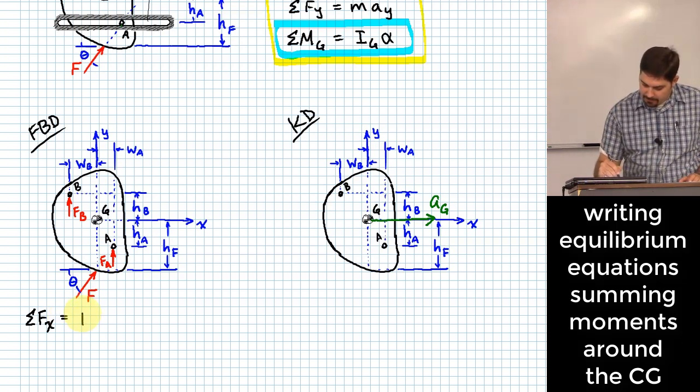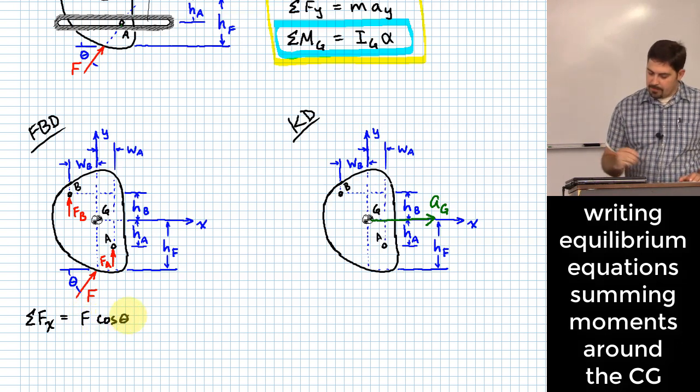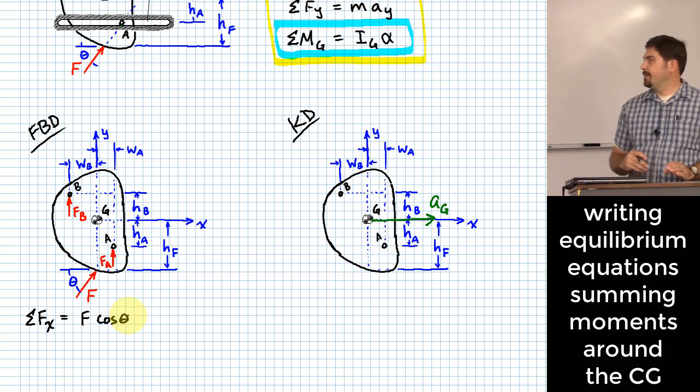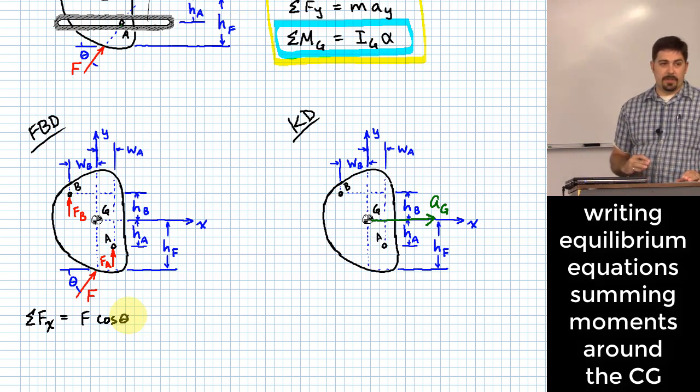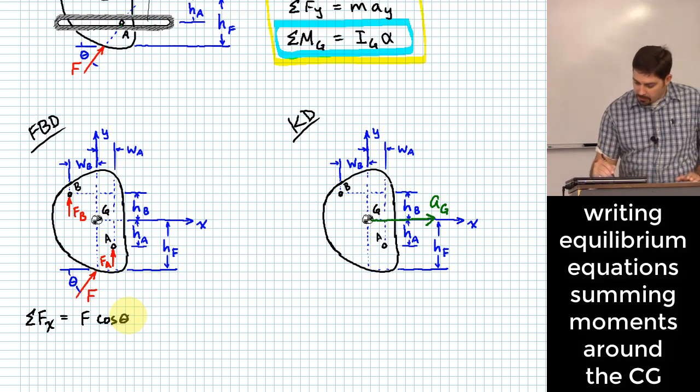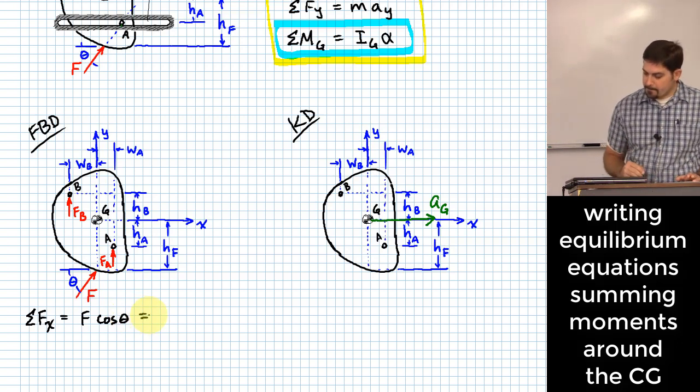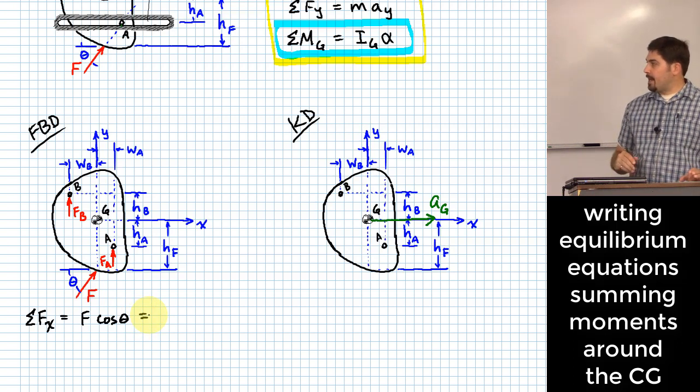Okay, yeah, F times the cosine of theta. All right, that's it. That's the only x component force that I've got, right? And so that's going to be equal to what? Well, it's a dynamic problem, right?